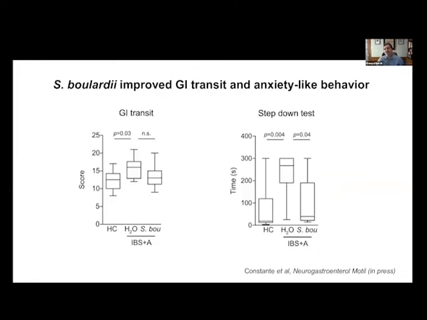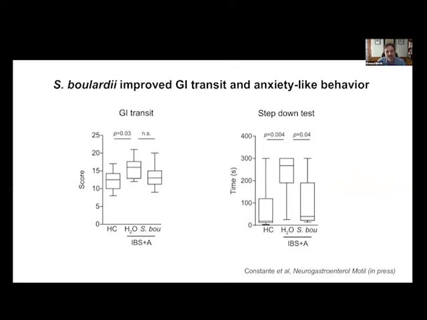However, at the end, I have just 2 more slides to show that we could look not only at bacteria, but also at other components of the microbiome, specifically fungi. This was a study which was just accepted in Neurogastroenterology and Motility.